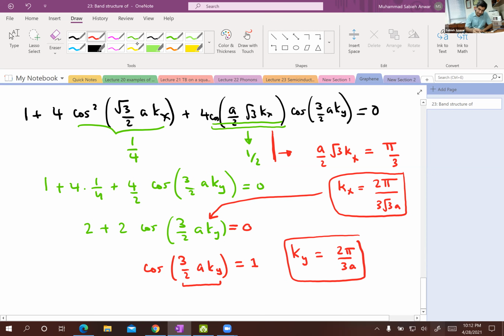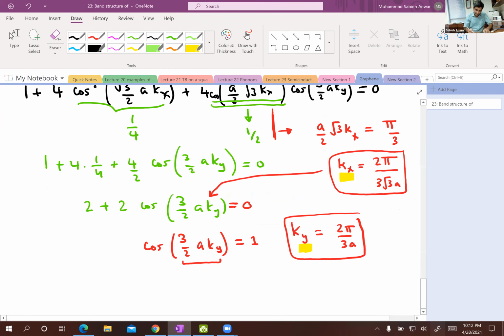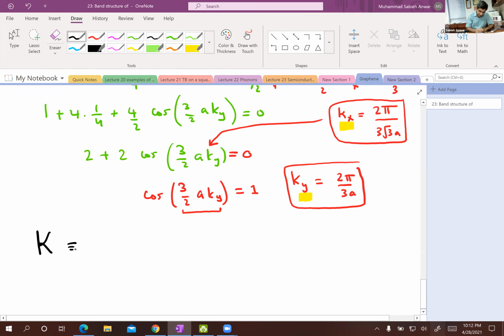So if I have this pair of values of kx and ky, I would note that the two bands are going to meet at this point. So I call this the capital K point. Capital K point will be given by, in the reciprocal space, 2 pi over a, 1 over 3 under root 3, 1 over 3. So at this point in the K space, we're going to have the two bands touching one another.